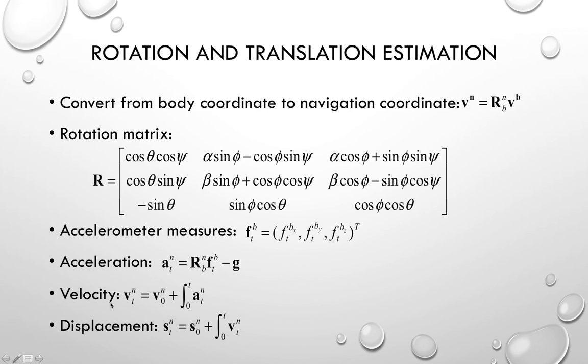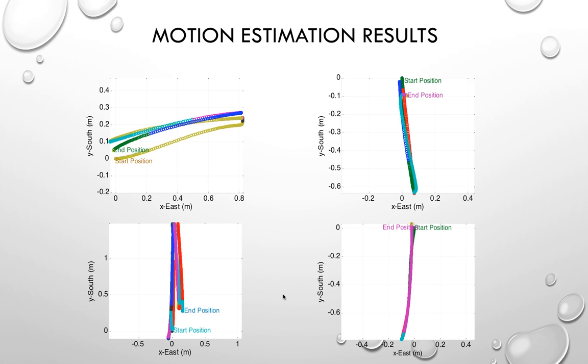Then we can calculate the velocity in the navigation coordinate and calculate the displacement of your smartphone. The displacement is actually the translation matrix. Here it shows the overall motion estimation result.